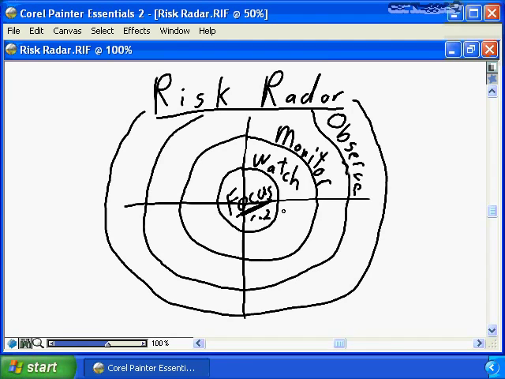We need to monitor the risk events that are even further out, the 5 weeks to 8 weeks. And we need to observe the risk events that are further out on the radar screen. You need to ensure that you're focusing, watching, monitoring, and observing the appropriate risks based on the information in your risk profile.